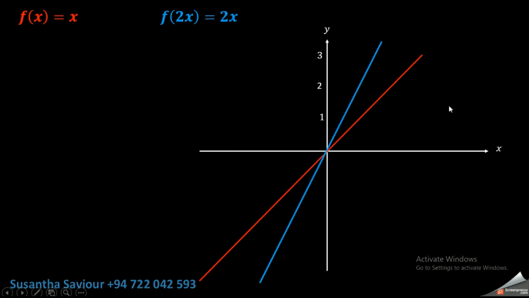Then f(3x), it will further move to this side. All the x coordinates are divided by 3. So I think you got the understanding of this kind of transformation now. f(ax) is the kind of transformation.